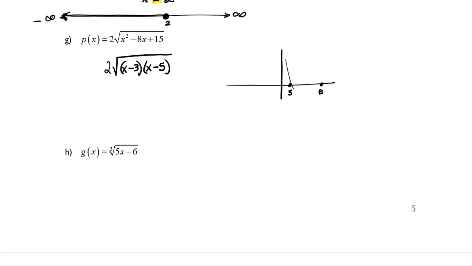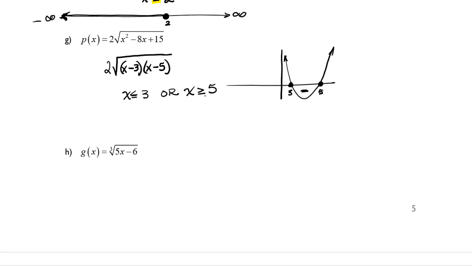Since it's an upward opening parabola, I know that anything between 3 and 5 will be negative. So I must throw out the interval between 3 and 5. That means the only interval for which this function can exist is x less than or equal to 3, or x is greater than or equal to 5.